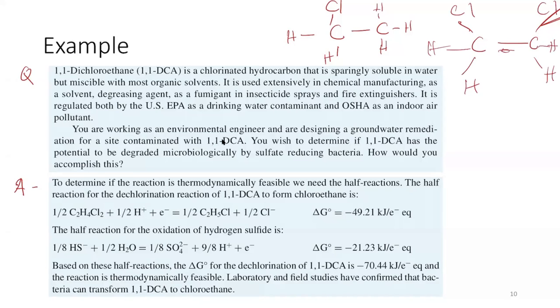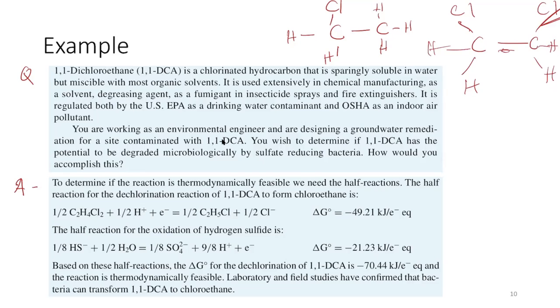So the point is, there are chlorinated hydrocarbons which are used for solvents or many different applications, and they are extremely persistent in the environment, and they are pollutants, they are carcinogenic. So that means now that it's there in the world, how do you destroy them? So this is what is written here. It is sparingly soluble in water, but miscible with organic solvents, because organics are not easily soluble in water.